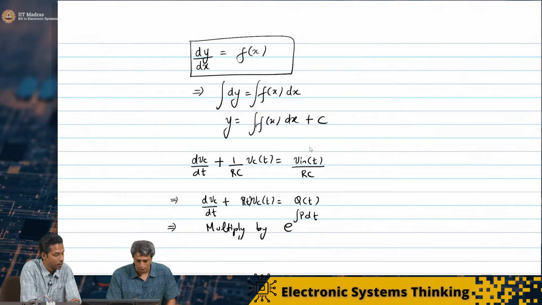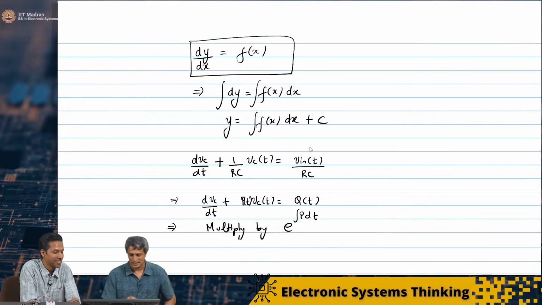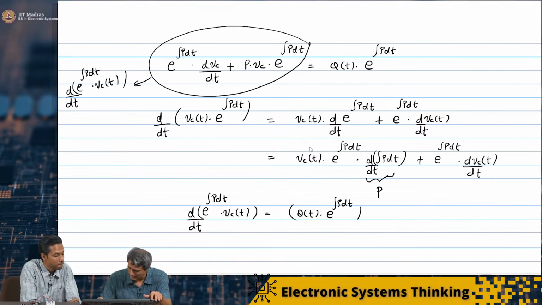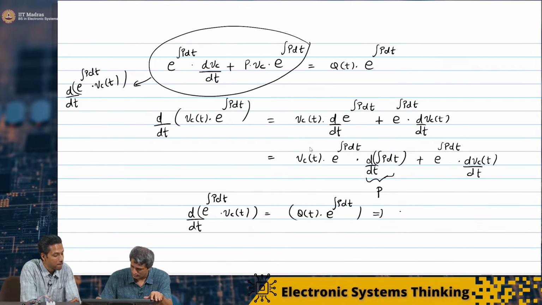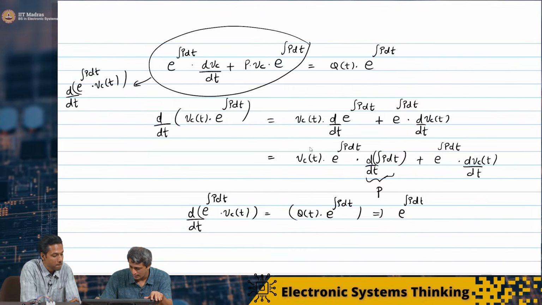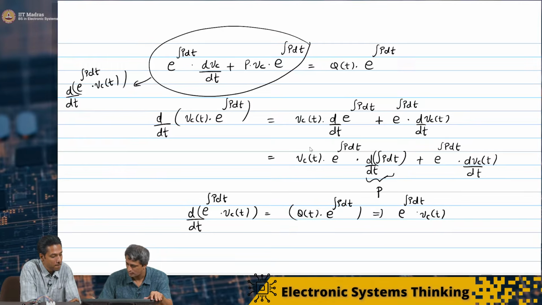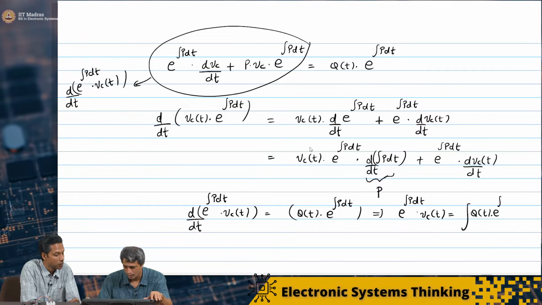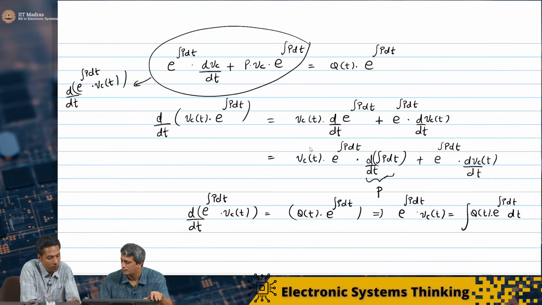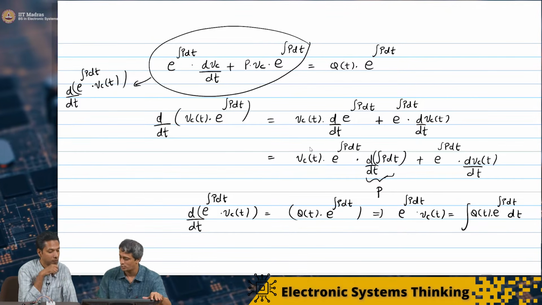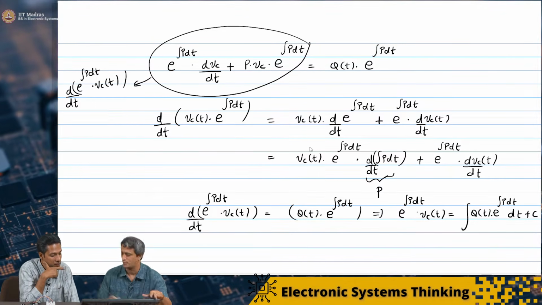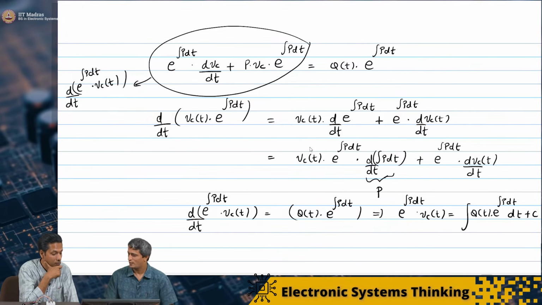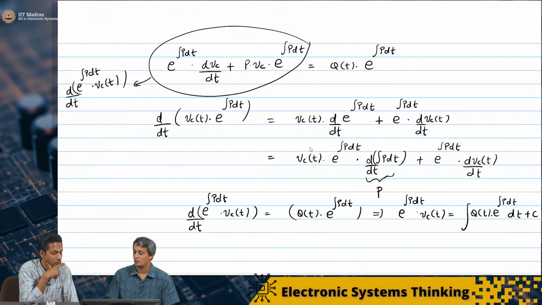This is of the form dy by dx equal to f of x, so I can take the dt to the right hand side and integrate. So I will simply get e power integral p dt into vc of t equals integral q of t into e power integral p dt dt, plus a constant. This is what we need to use now in order to solve our differential equation.